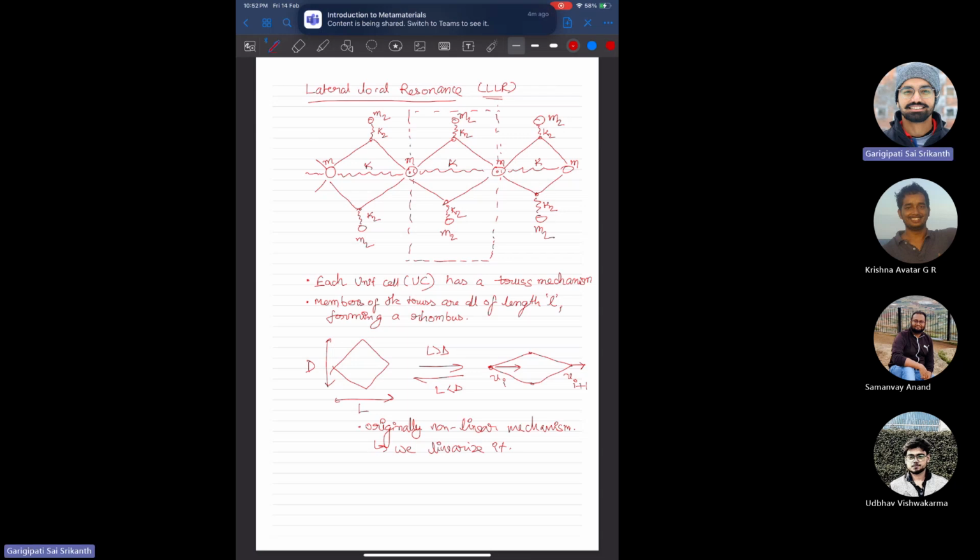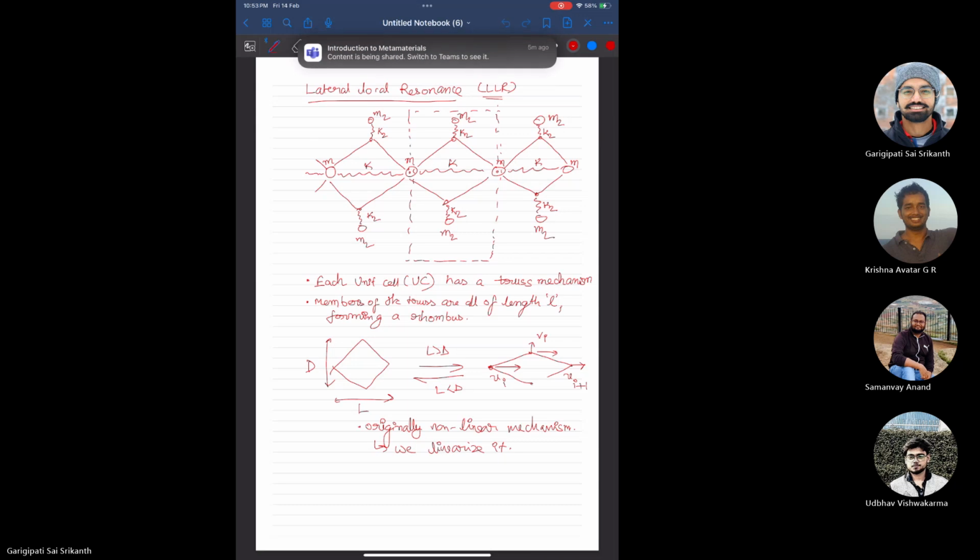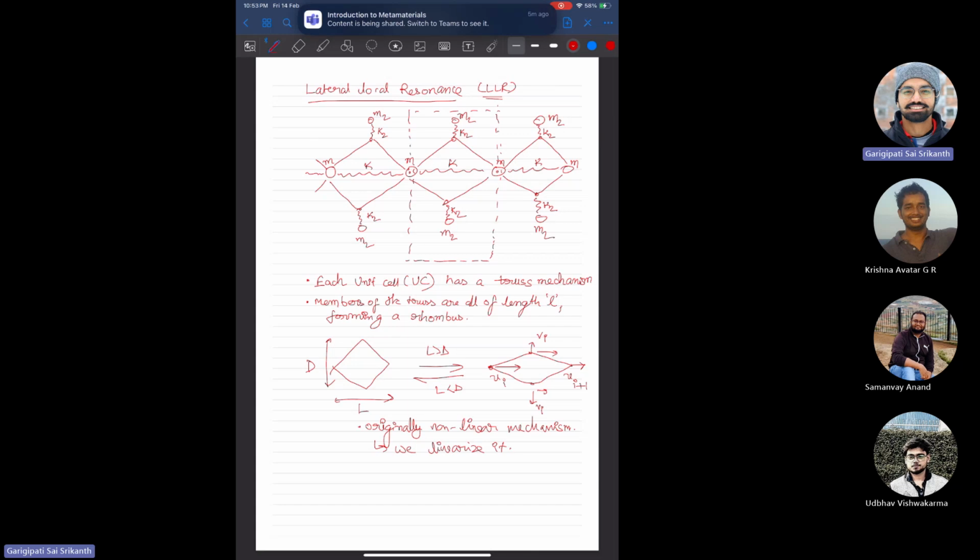So this is u of i, this is u of i plus 1. And let's say this is v of i. This will be the mean of u of i and u of i plus 1, so it's not an independent degree of freedom.